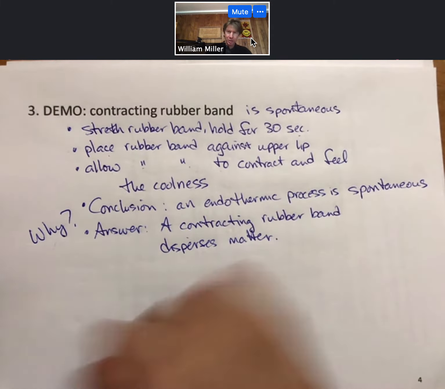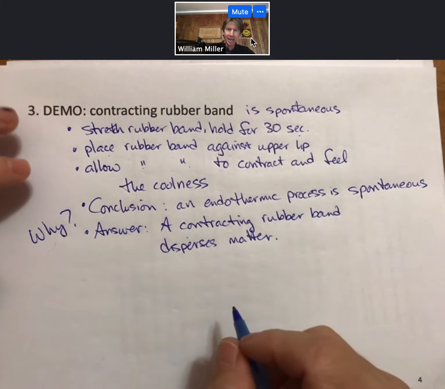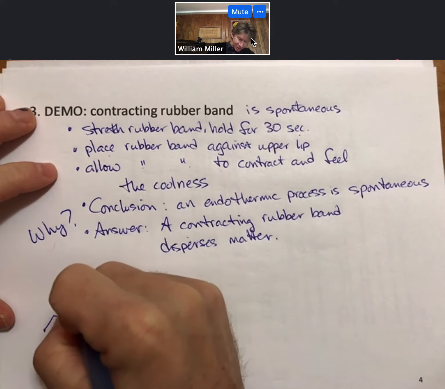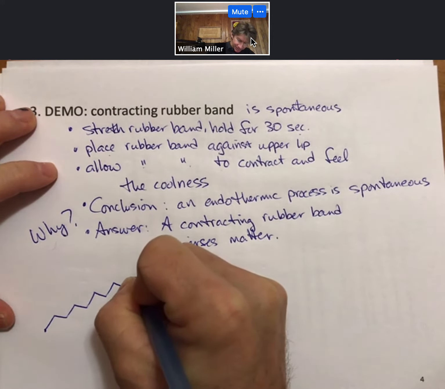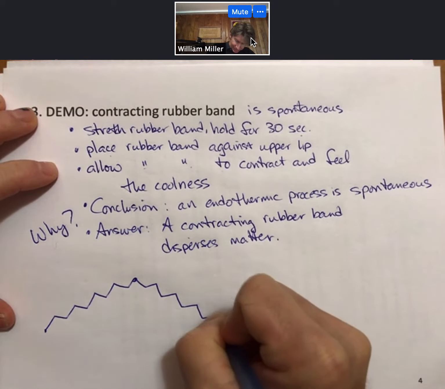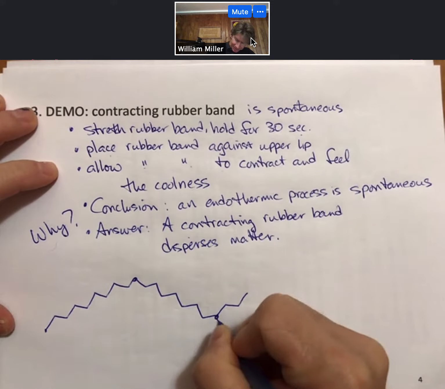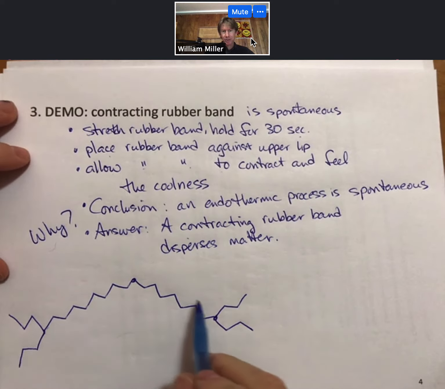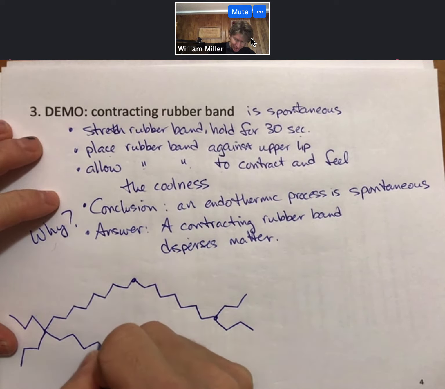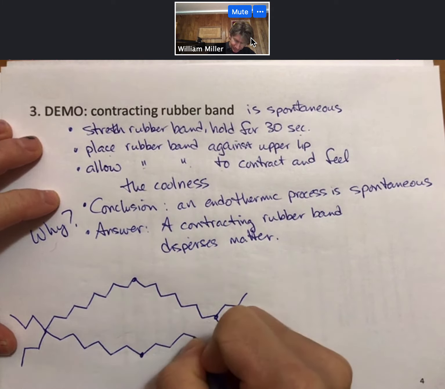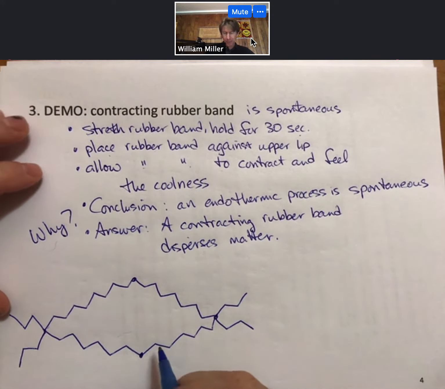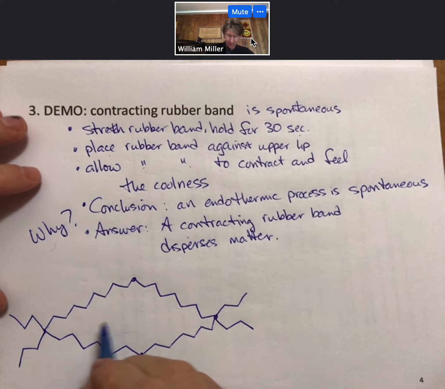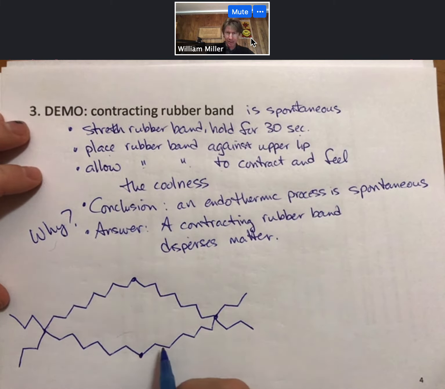If you stretch a rubber band, you take the different strands that are in it, and they're more or less carbon chains. They look sort of like this. We've talked about skeletal or line bond structures, so that's pretty much what they are. And what we will see is that when you stretch them, they are very well ordered, and there are very few ways in which they can be.